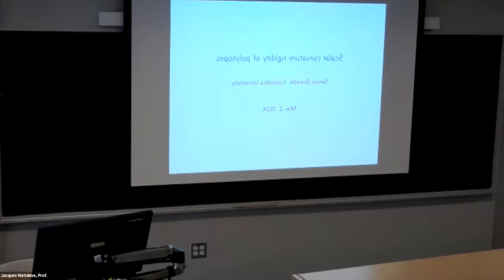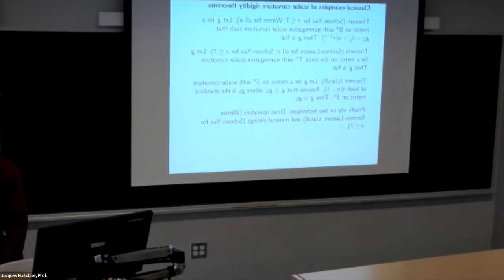There are many results in geometry that link curvature assumptions on the one hand to geometric or topological conclusions. What I want to focus on today is a class of results where the assumption concerns the scalar curvature.